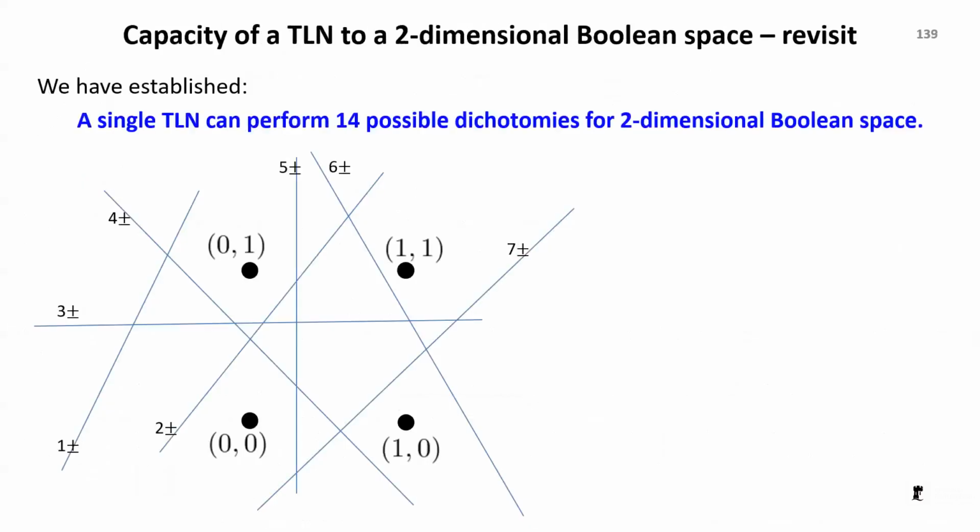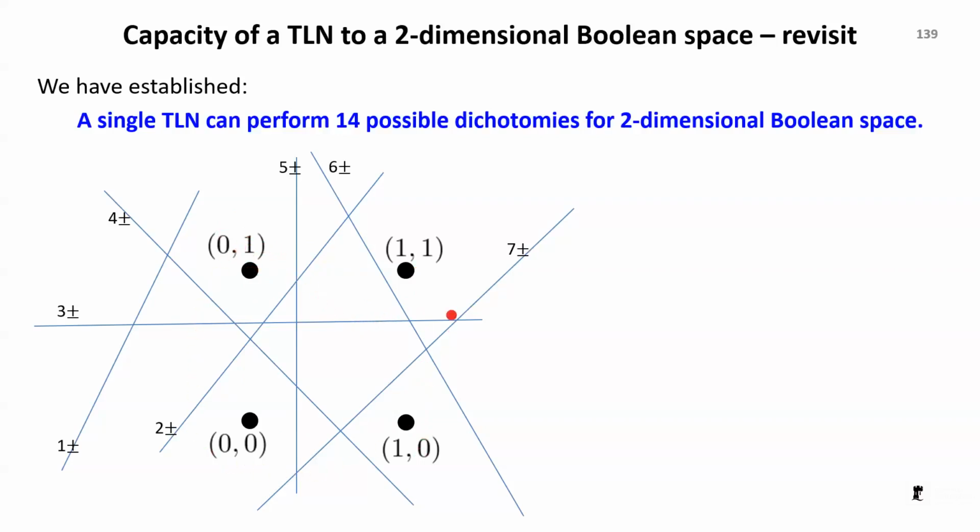Okay. So we have established that a single perceptron for a general case, because this is the general case, right? In 2 dimensions, none of the points coincide in a single point. None of these 3 points lie on a single line. So this problem is generic.